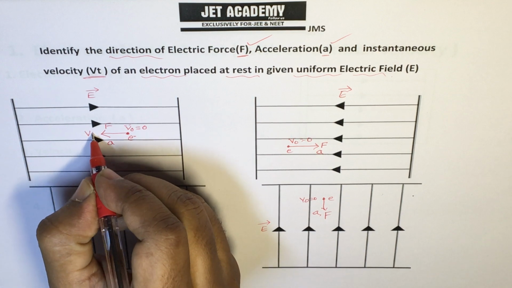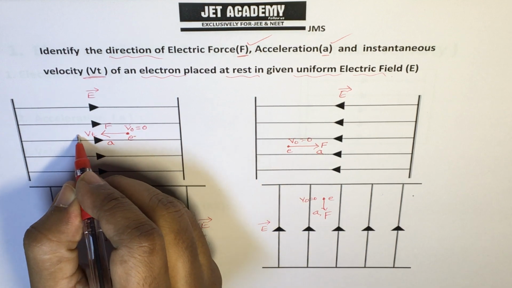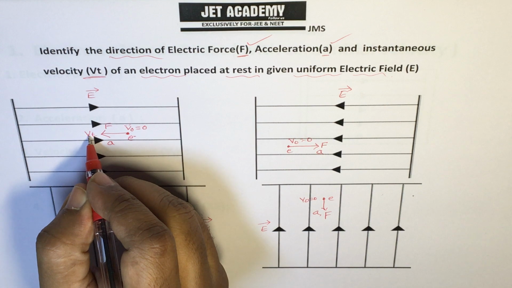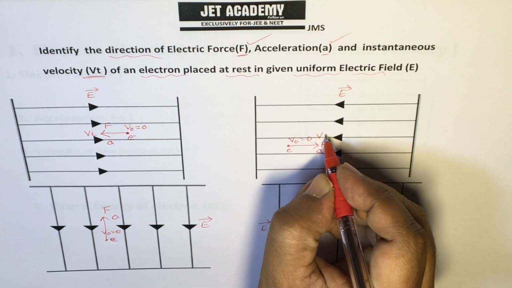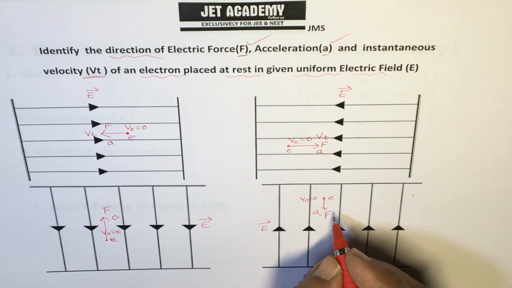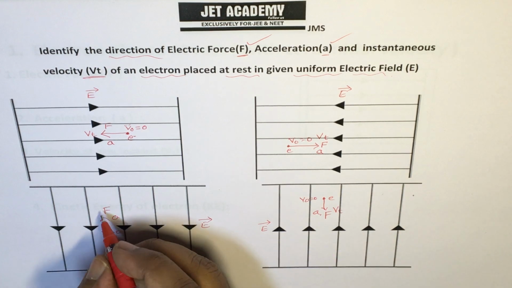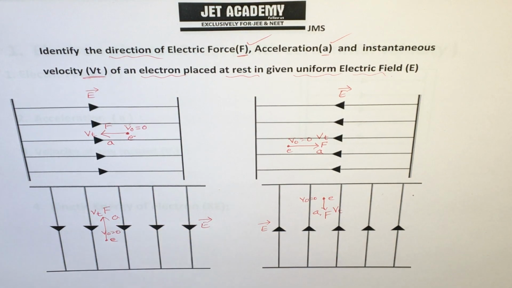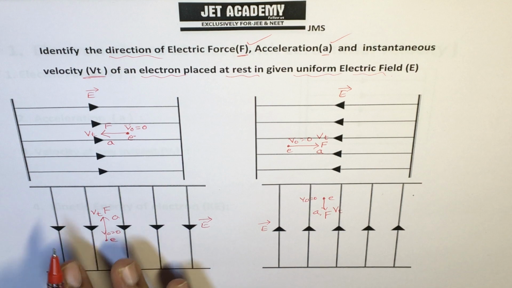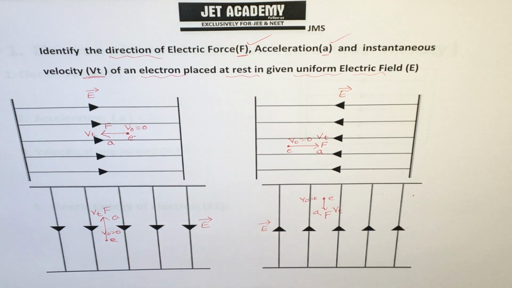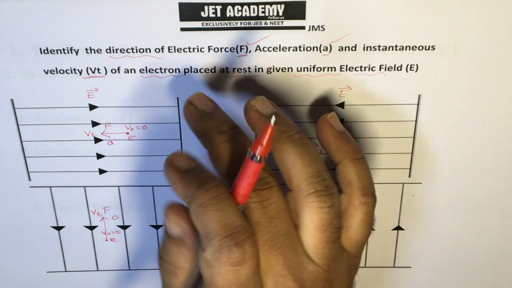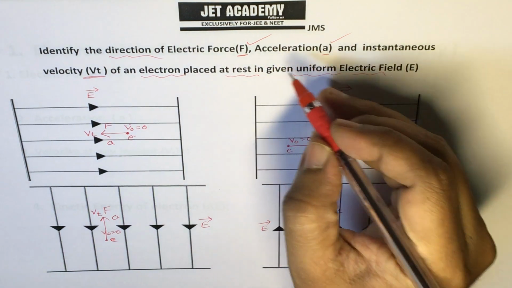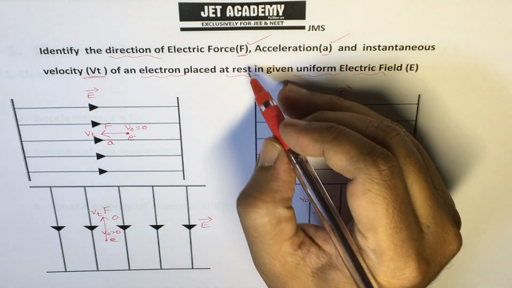This means it moves in the force direction, so automatically Vt is in this direction. This is the velocity direction, and this is also a velocity direction. These are the directions. Now we can understand what the expressions and relations are for all these things.